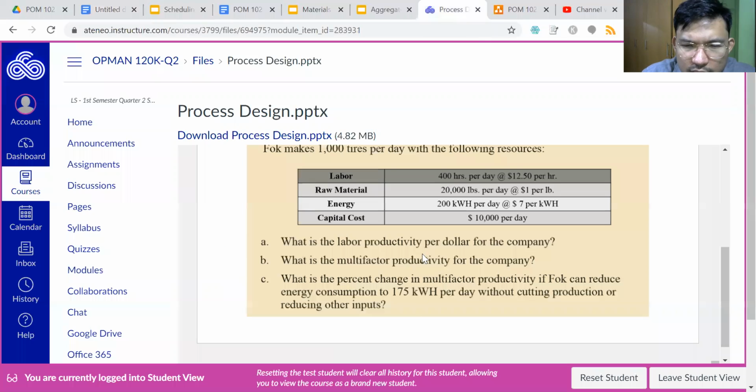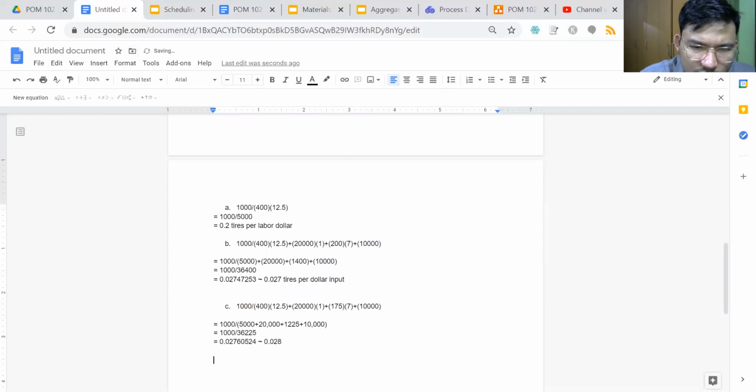The real question is, what is the percent change in multi-factor productivity? The formula for percent change is new minus old over old.